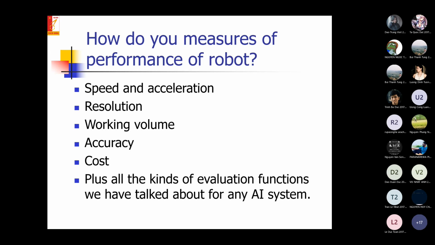And you can see this: if we mix or add all these kinds of evaluation functions, it means that we talk about the AI system. That's what we develop now in the field of robots, and in the various industries.